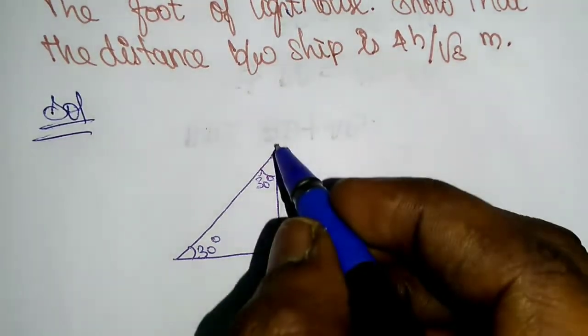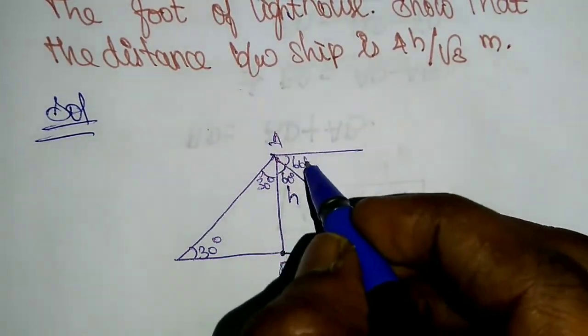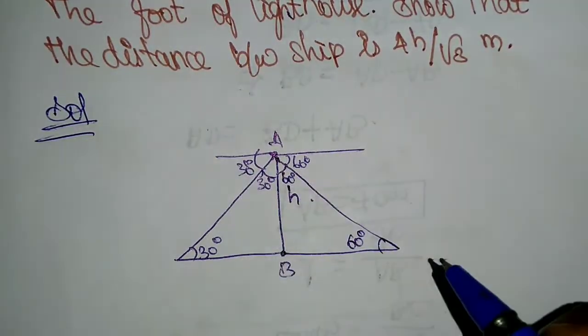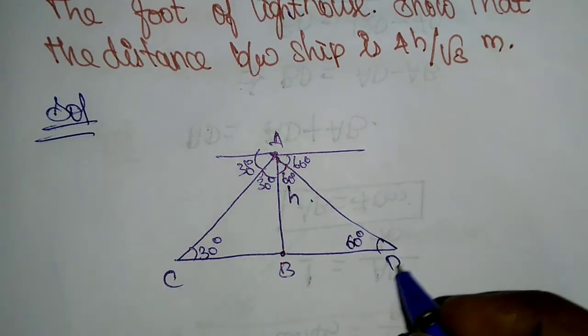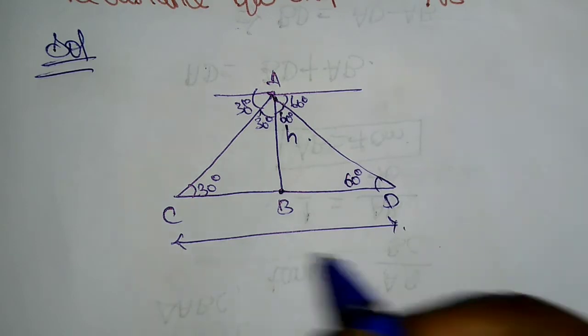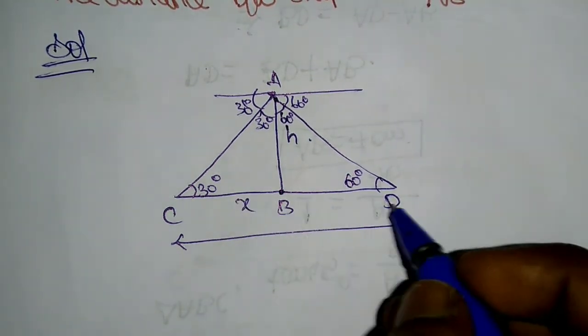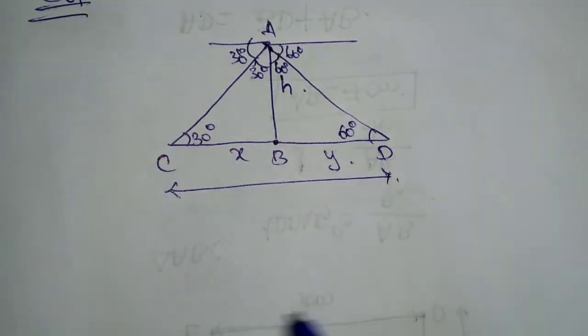Here it is A, B. Here AB is H, C, D. Now we have to find the distance between C, D. Here CB is X and BD is Y. Now we have to find CD.